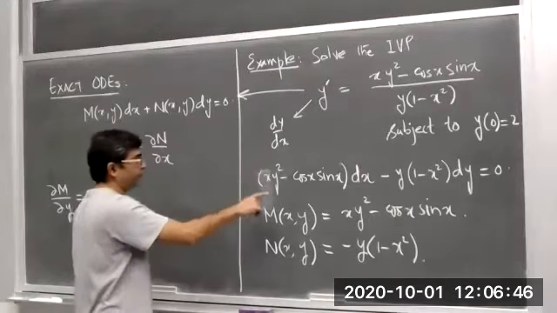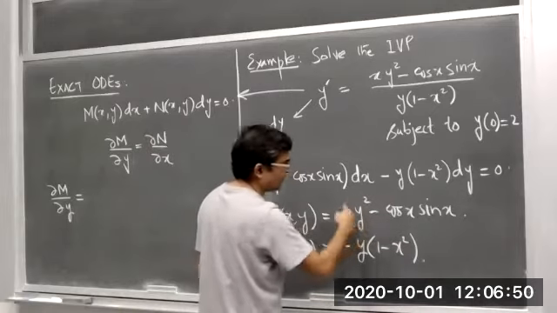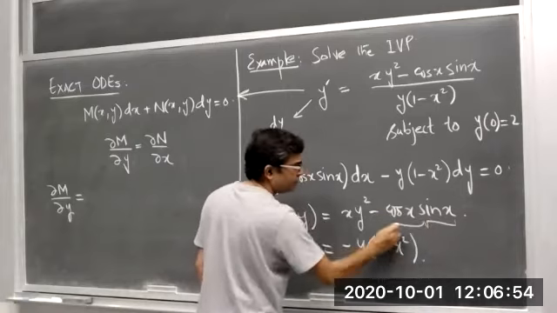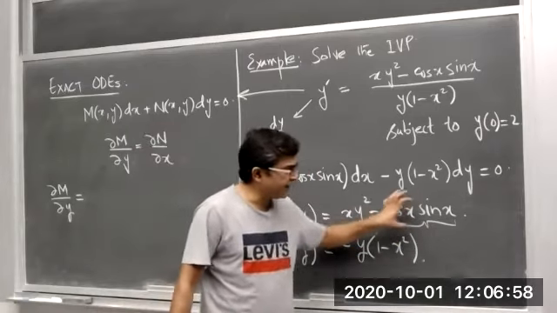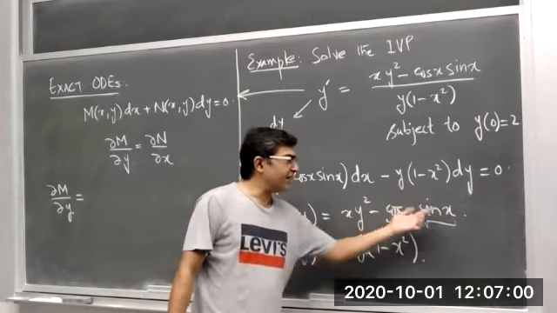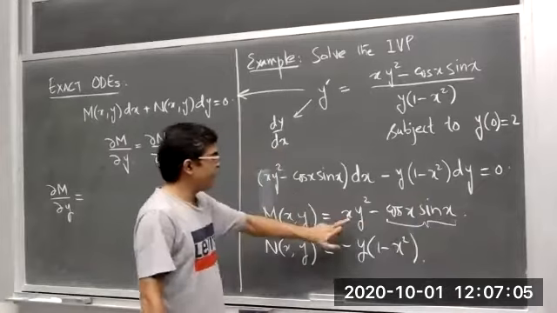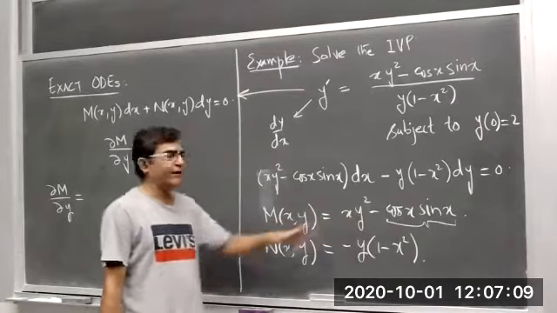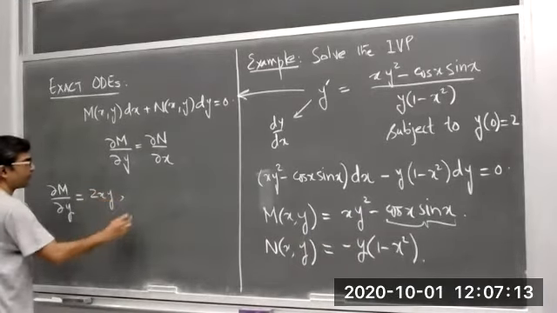Now, if we take the derivative of this with respect to y, x is treated as constant. The term cos x sin x has no y, so it is eliminated, since x is constant here. The derivative of y^2 is 2y, so we get 2xy.